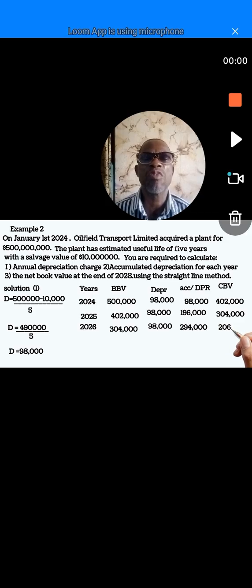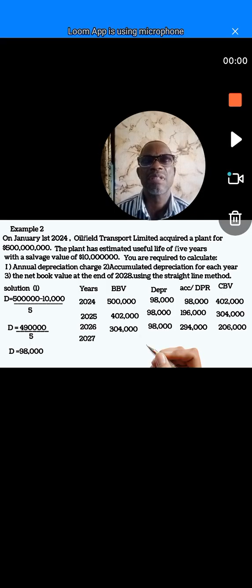Now, the next year is 2027. And the beginning book value is 206,000. And the depreciation is 98,000.